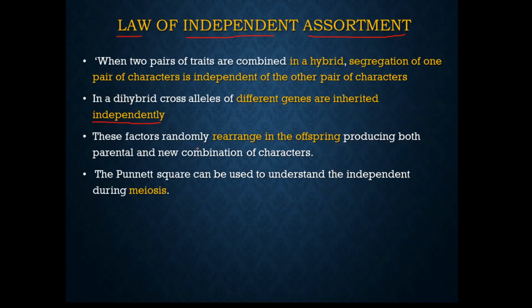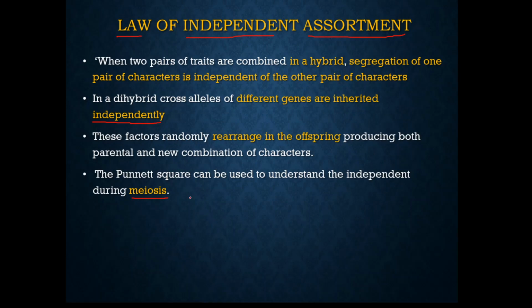So these factors randomly rearrange in the offspring in the F1 and F2 generations, producing both parental and new combinations of characters. Using the Punnett square, we can easily identify how this segregation of alleles is going on and understand the independent assortment, and this independent assortment occurs during meiosis, during cell division.